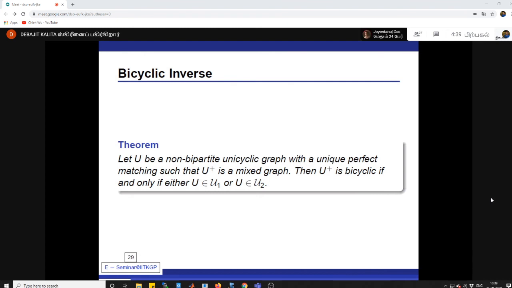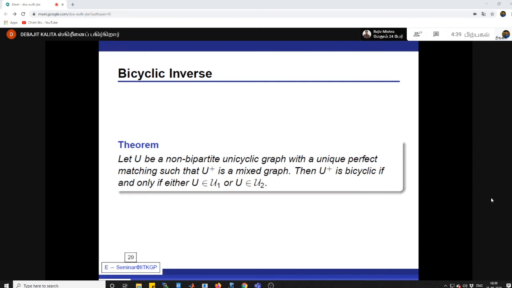That is what we have proved, and it is more or less similar to the result proved for the bipartite case, where Panda characterized those unicyclic graphs whose inverse is bicyclic.